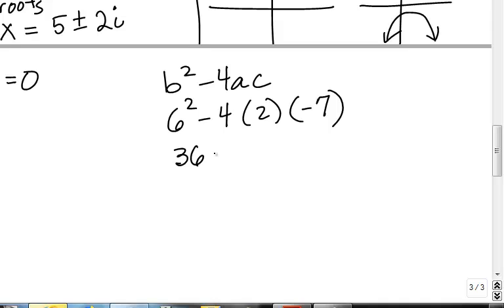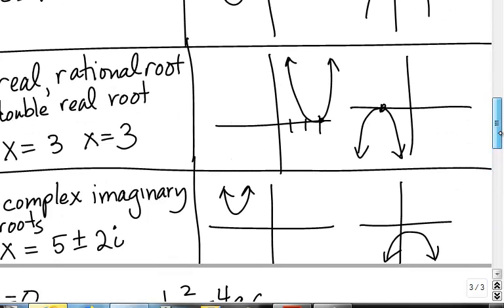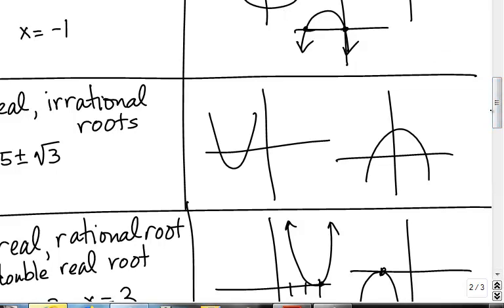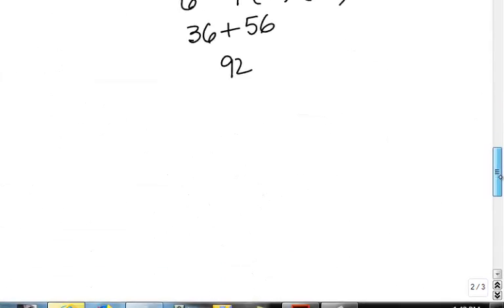Now multiply a negative times a positive would be a negative, times a negative would be positive. 8 times 7 would be 56. So I end up with 92. 92 is greater than 0. So is 92 a perfect square? No. So before I ever solve this problem, I know I should get 2 real irrational roots. Okay, so now we solve it.